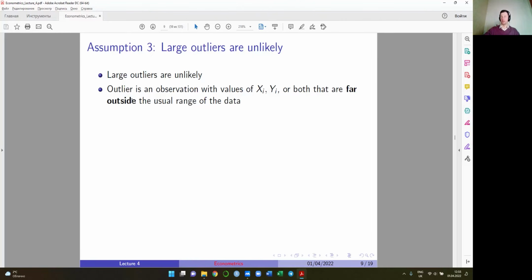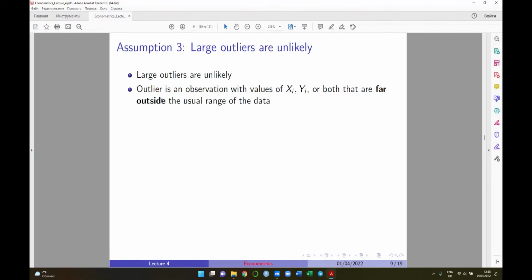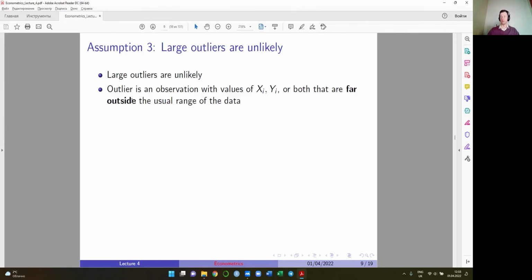So why is this crucial? Because if you remember how we calculate, for example, the sample mean. The sample mean is calculated when you add all the observations and then divide by their number. And suppose that one observation is very large. Then the whole sample mean is going to be deviated, right? It's going to be deviated in the direction of this outlier.